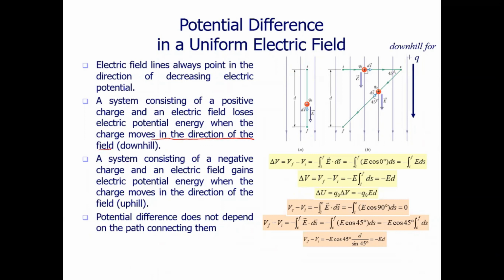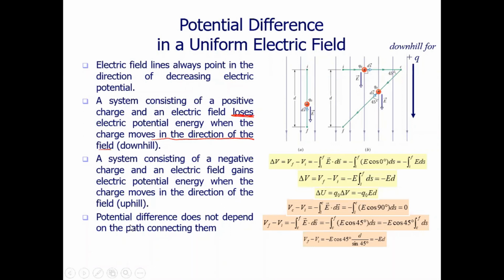Remember this point. It means that there is a loss of the potential energy. And then a system consisting of a negative charge and an electric field gains electric potential energy when the charge moves in the direction of the electric field.